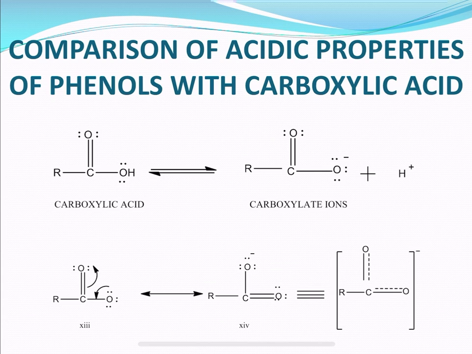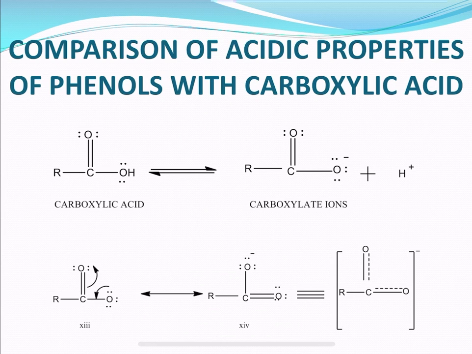You can see this in your textbook, and if you have any doubts you can clarify them when you come to the college along with the book, or I can use the blackboard and help you understand how the phenoxide ion resonance structures are not equivalent. Since the carboxylate anion structures, 13 and 14, are equivalent, compared to the phenoxide ion resonance structures 6 to 10 which are not equivalent, this makes the hybrid of a carboxylate ion relatively more stable than the hybrid of a phenoxide ion.